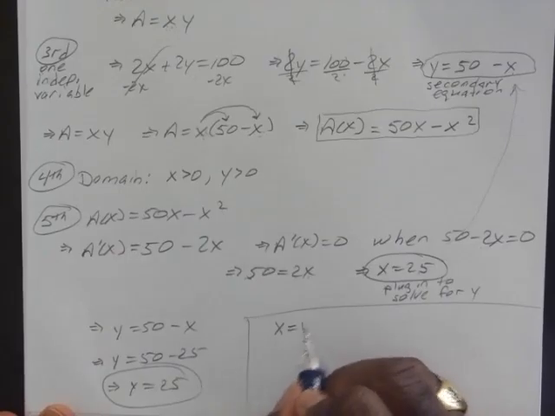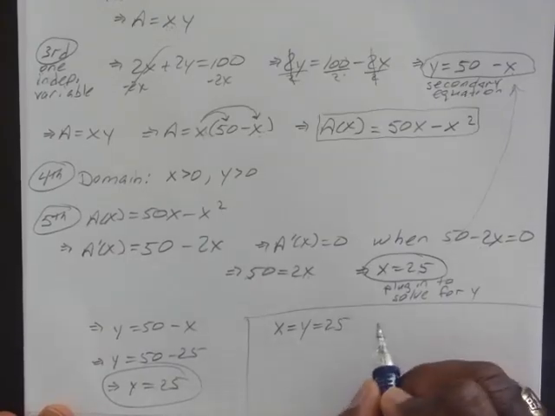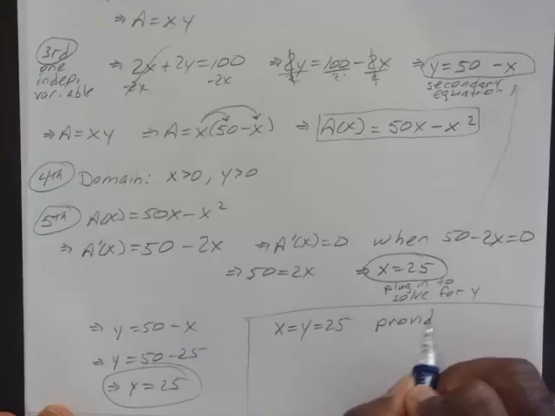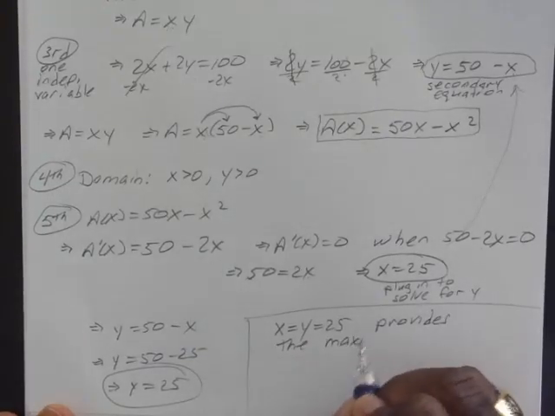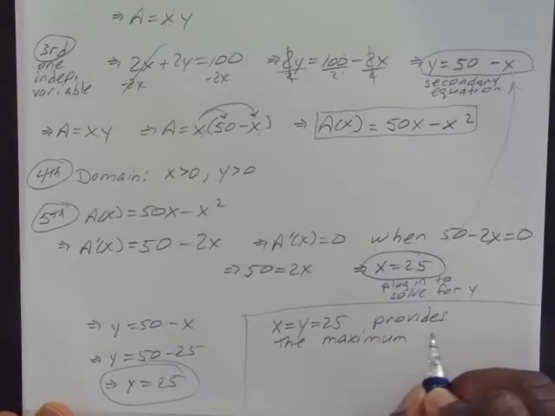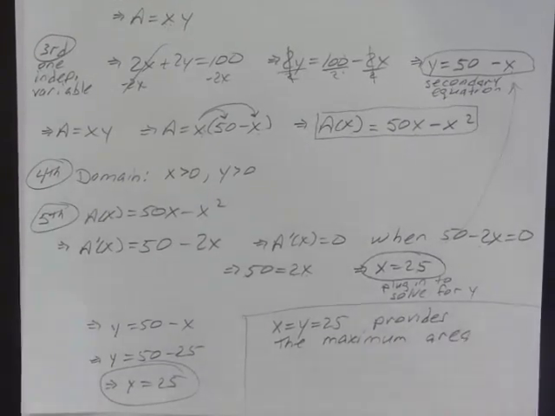So x equals y equals 25 provides the maximum area. Okay, so these first two being equal is just strictly coincidence. All right, any questions on that one?